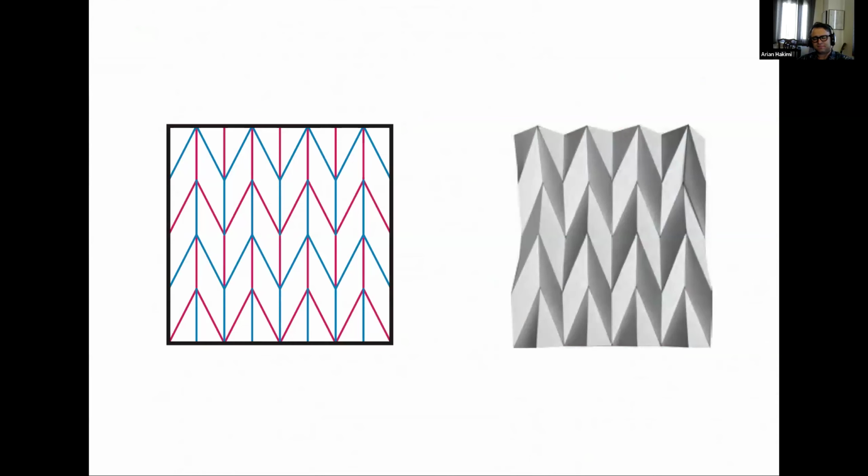It's very sophisticated, and it can be used as a design system more seriously. So looking at this picture, this is a typical chevron pattern, or M pleat or V pleat, depending on how you look at it. As you can see, it's a flat piece of paper with two types of lines, mountain and valley. You can see them by color.